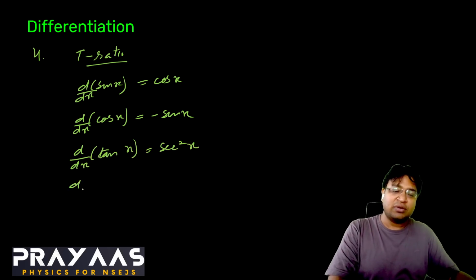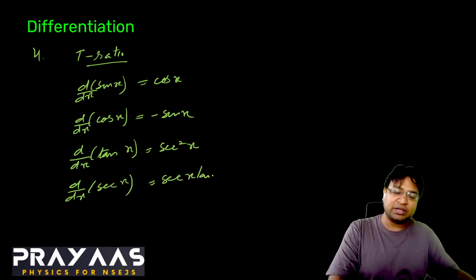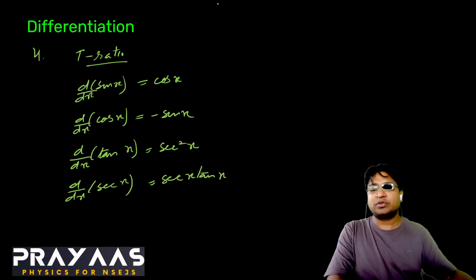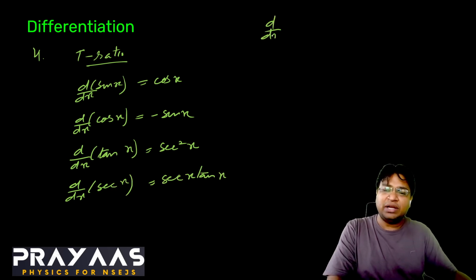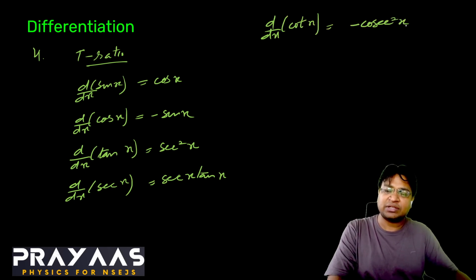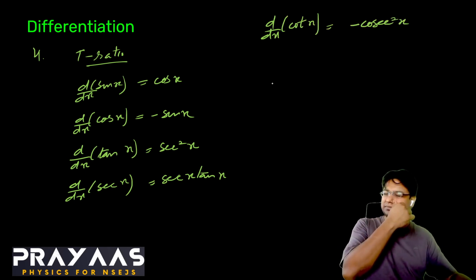d by dx of tan x would be sec square x. D by dx of sec x would be sec x into tan x. Then two are left. D by dx of cot x would be minus cosec square x.